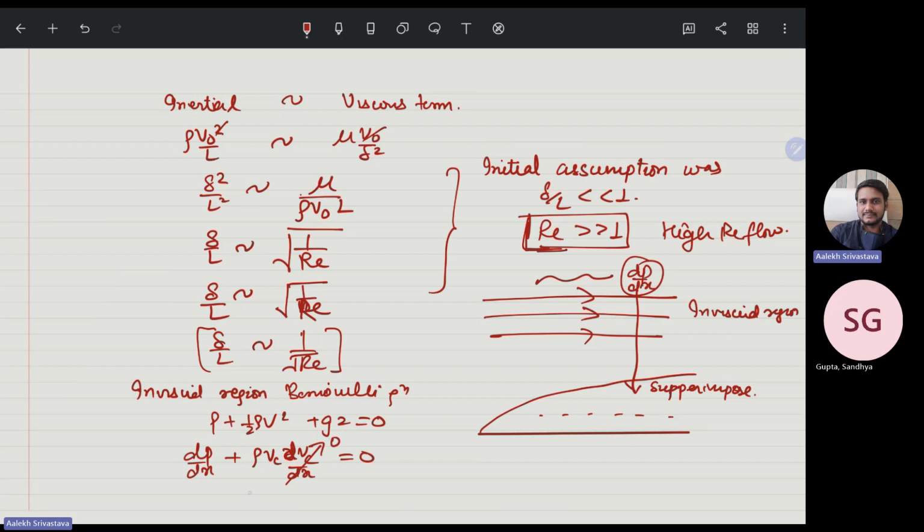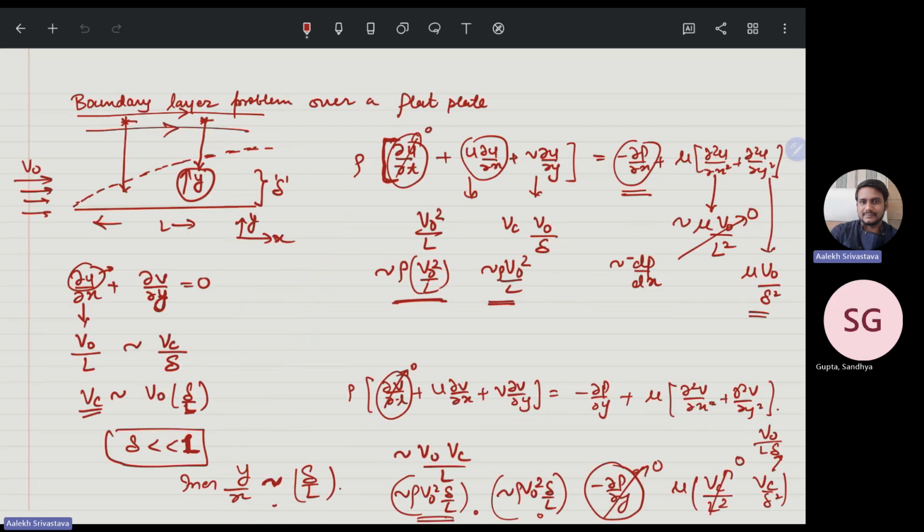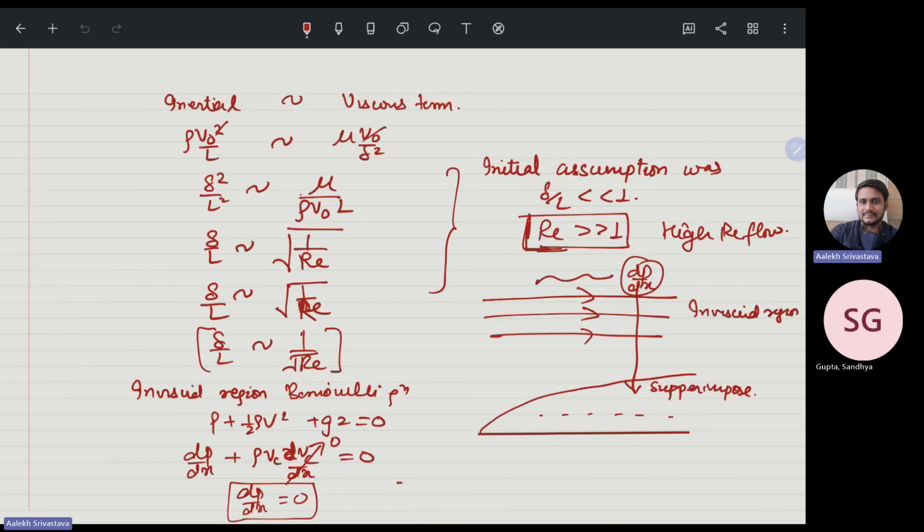This term drops to 0, therefore dp by dx is also equal to 0. That means there is no pressure gradient in the x direction. Therefore, the boundary layer equation simplifies to u del u by del x plus v del u by del y equal to mu del 2 u by del y square. So this is the boundary layer equation.